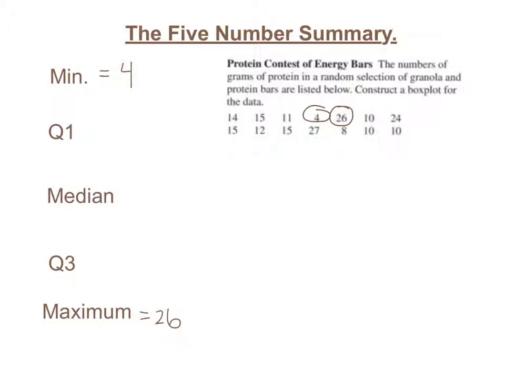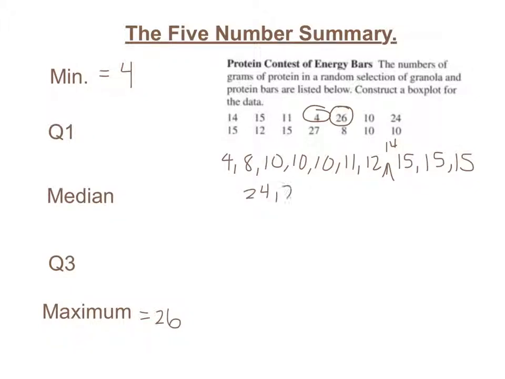So let's do this. 4, 8, 10, 10, 10, 11, 12, 15, 15, 15. Oh, forgot 14. Let's put that one on there. 14. And then 24, 26 and 27. Let's count, make sure we have it right. 1, 2, 3, 4, 5, 6, 7, 8, 9, 10, 11, 12, 13, 14. That's correct.